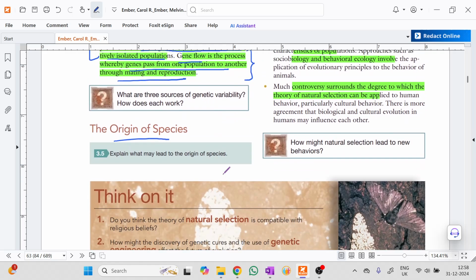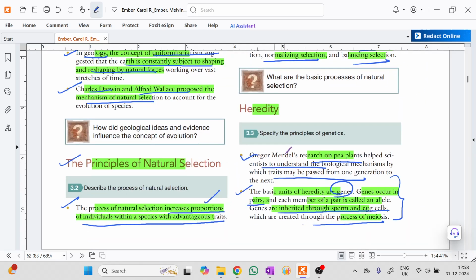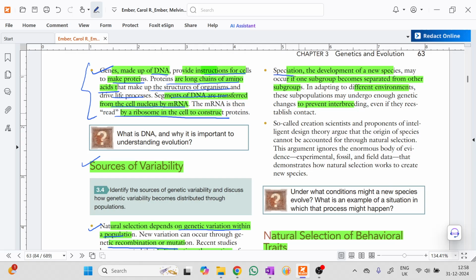Then the origin of species, which is speciation, meaning development of a new species, may occur if one subgroup becomes separated from other subgroups, and while adapting to different environments, they may undergo enough genetic changes to prevent interbreeding. And the absence of interbreeding itself suggests that two different species have arrived.